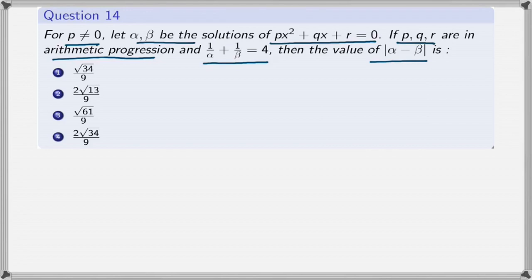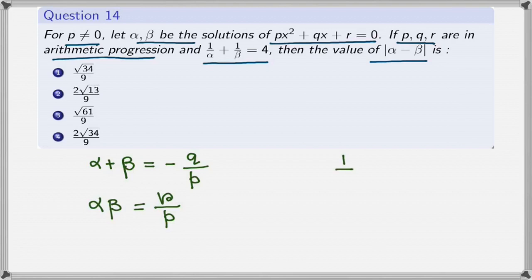So, since alpha and beta are the solutions of the given quadratic equation, we can immediately write alpha plus beta is equal to minus q divided by p, and also alpha into beta is equal to r divided by p. Since 1 by alpha plus 1 by beta is equal to 4, from here we can conclude that alpha plus beta is equal to 4 into alpha beta.